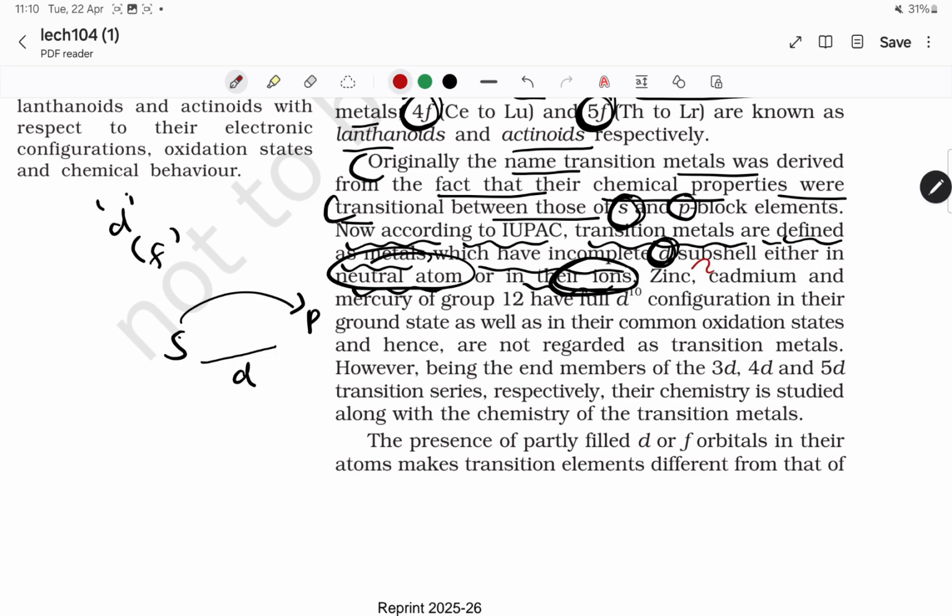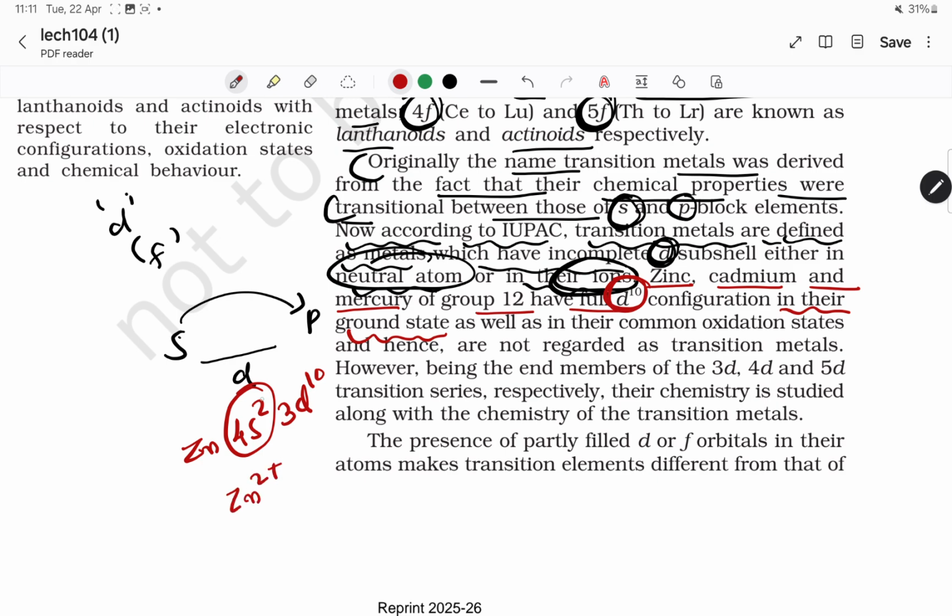Because of that, zinc, cadmium and mercury of group 12 have d10 configuration. In the ground state, zinc is 4s2 3d10. In its ion, Zn2+, the 2 electrons are removed from the s orbital, and then also it is 3d10.